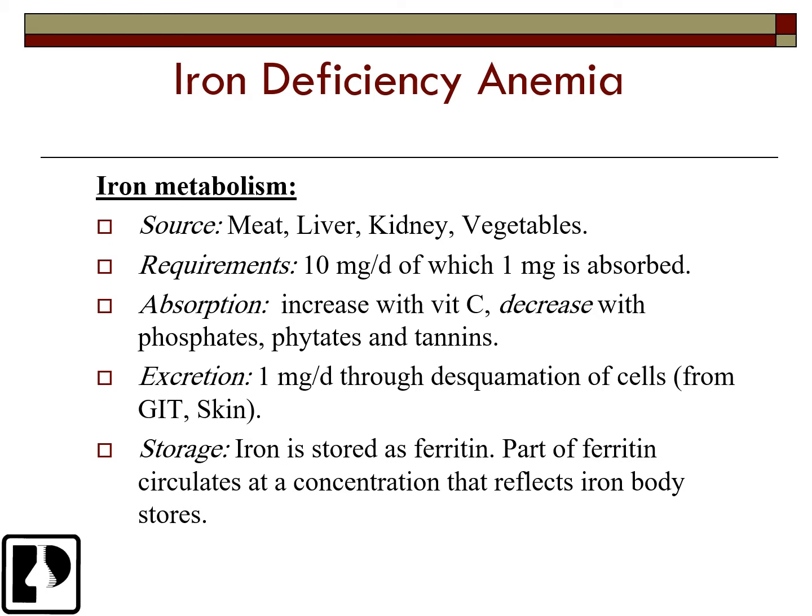We can separate the tea from the food by 2 hours because it will inhibit the absorption of iron. Excretion is 1 milligram per day through desquamation of cells from the skin and GIT.